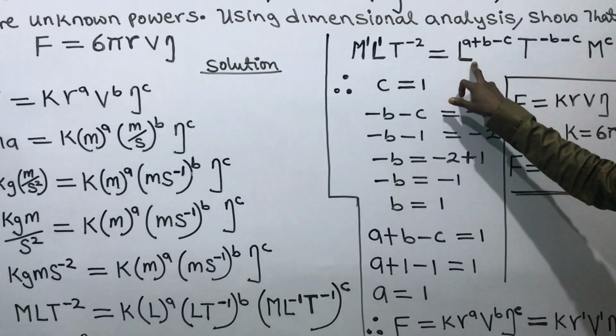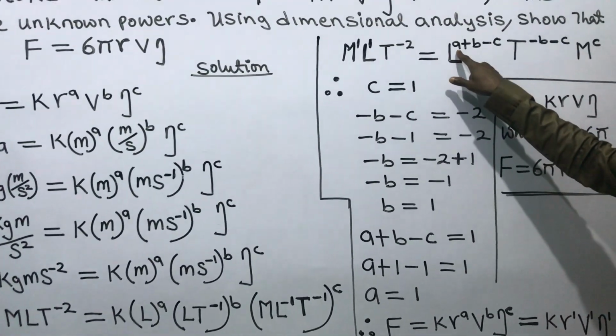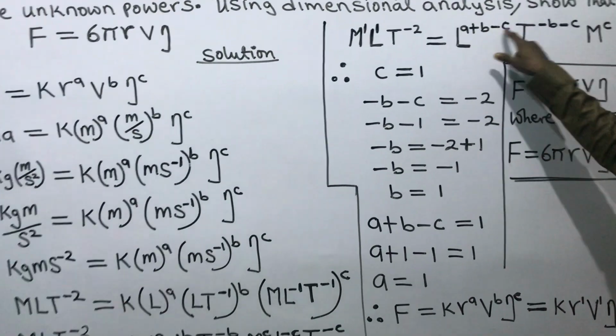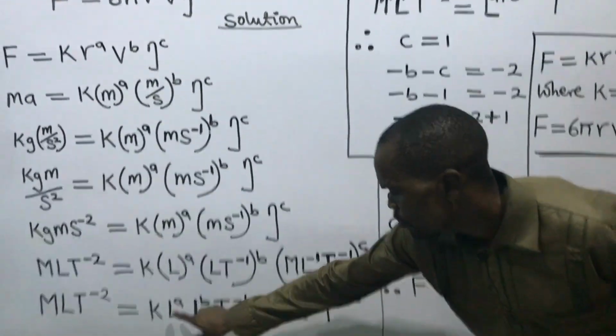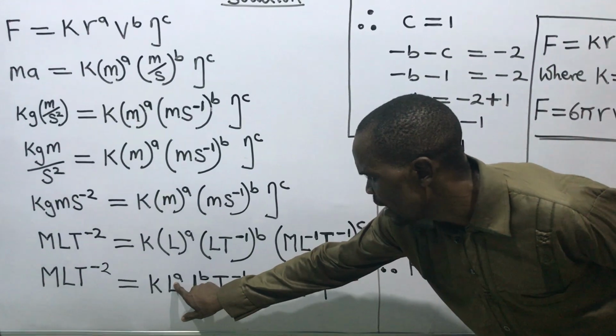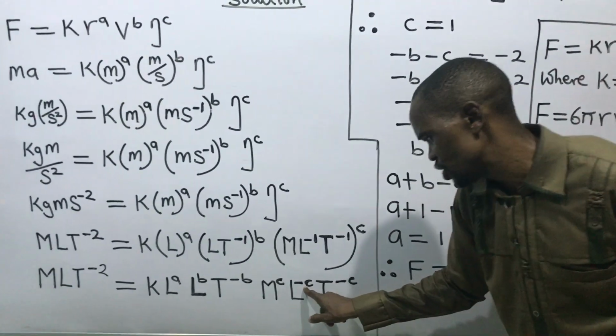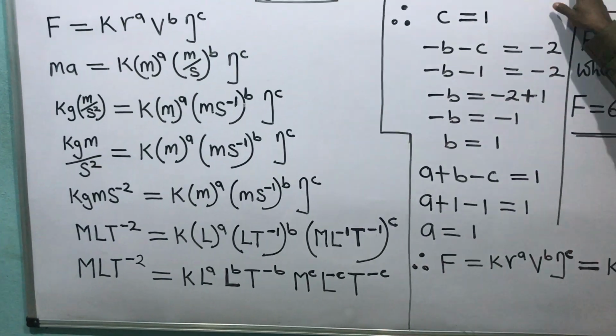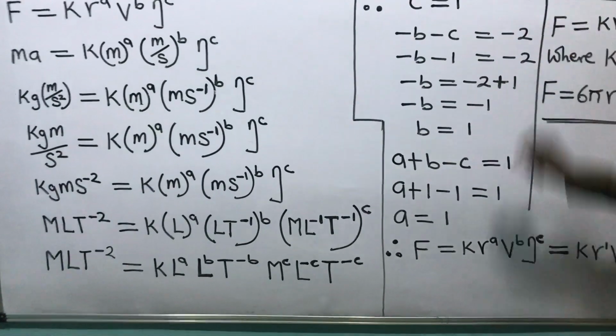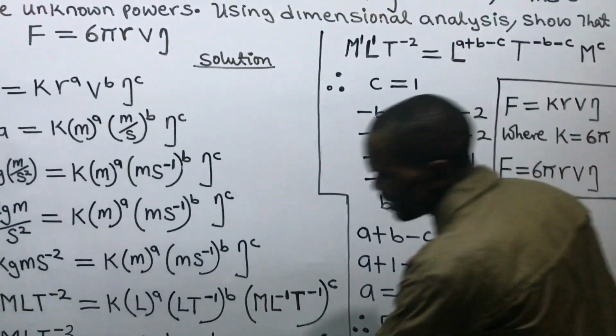You see how we add their powers. It becomes L raised to power A plus B minus C. Look at it here. L raised to power A plus B plus minus C, which is the same thing as minus C. Plus minus will give me minus. Then coming down here again.